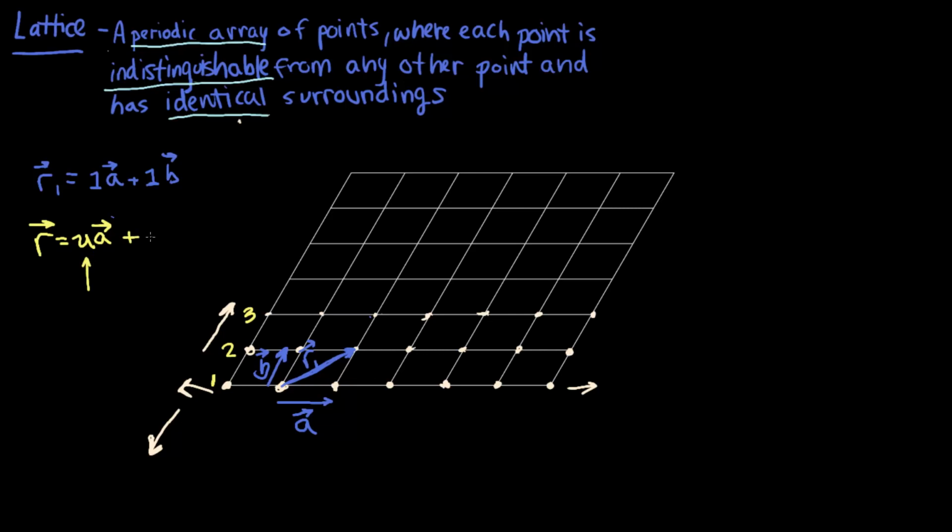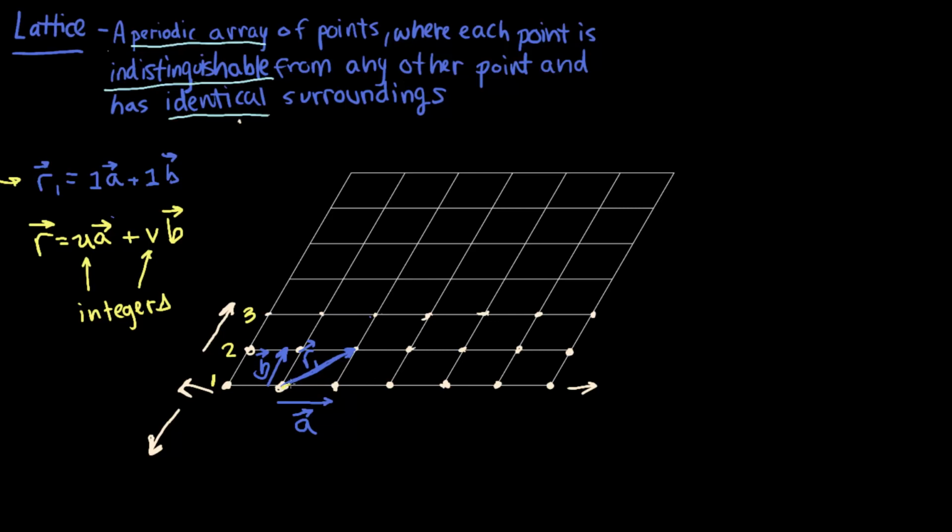Now, we will have v times B. So we have our two lattice translation vectors A and B, and u and v are integers. They are not necessarily the same integer. In this case, they are, but we could go to any other point.